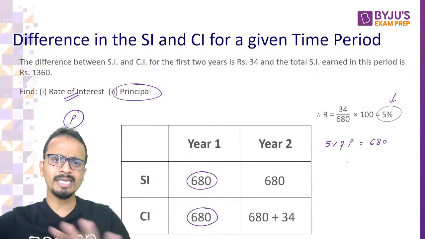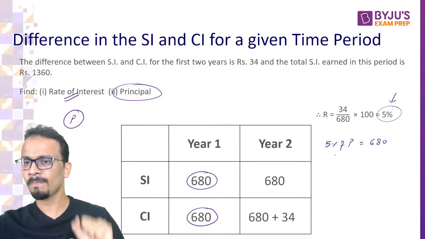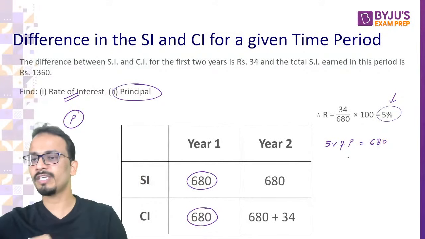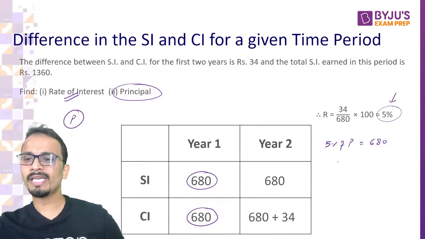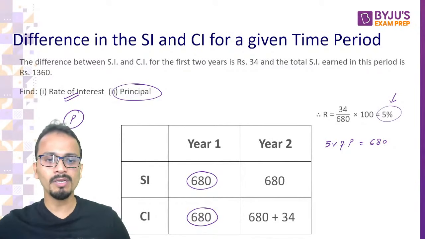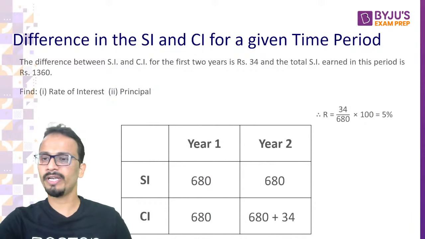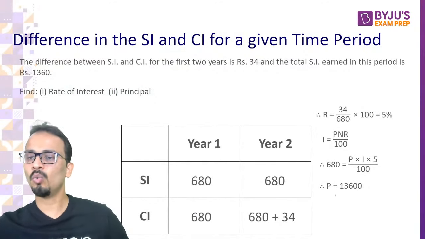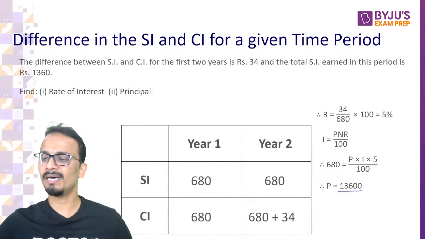All right. Again, a simple application of percentages. So 5% of principal should be the interest of first year. So now you can get the value of principal with this calculation. So the value of principal will be equal to 13600.